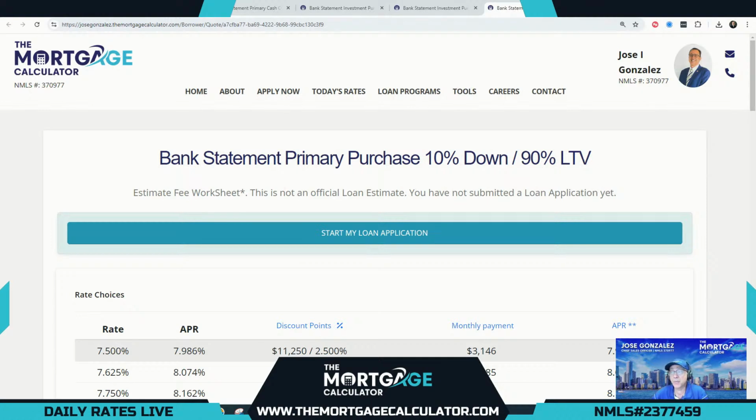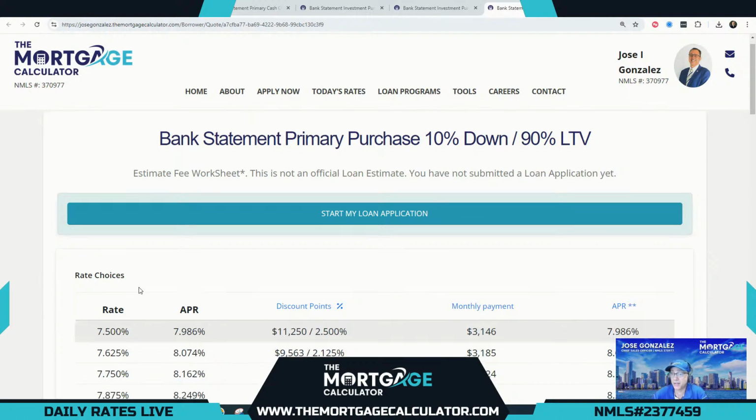And also, at one point, I wanted to restate, bank statement loans, all non-QM loans are always manually underwritten. So if you need that 1 year option, in this case, 12 months is what you would choose, the 12 months bank statement option, then you would only be looking back the last 12 months.